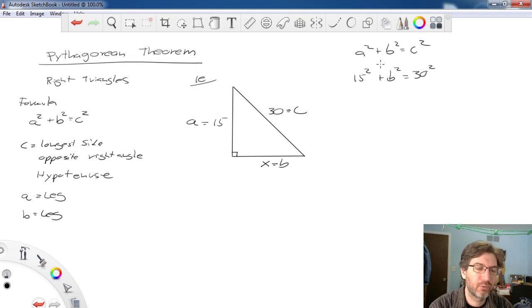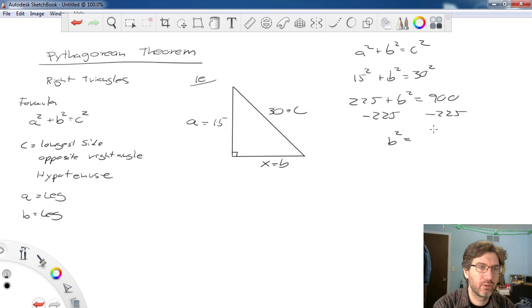So 15 squared gives you 225 plus b squared equals 30 squared, which gives you 900. Subtract 225 from both sides, and you get b squared equals 900 minus 225, 675.